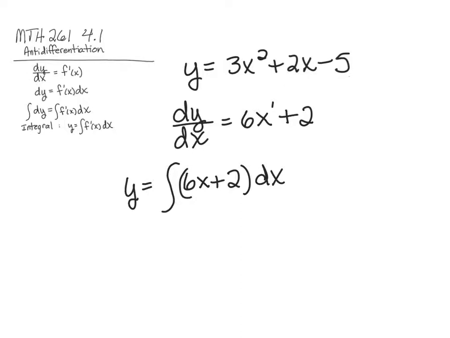Now, what did you do when you went from here to here? You multiplied by the power, and then you subtracted 1 from the power. What's the opposite of that?